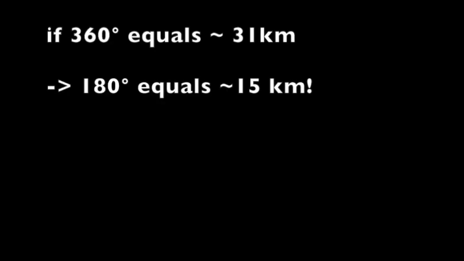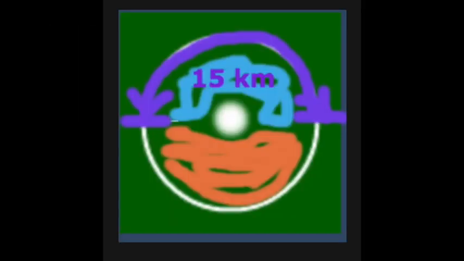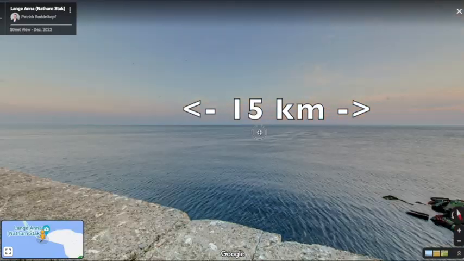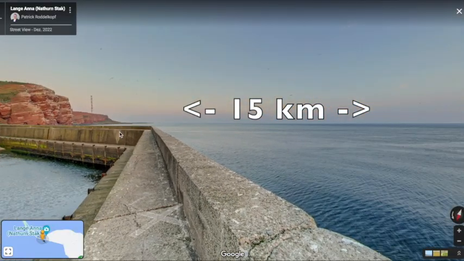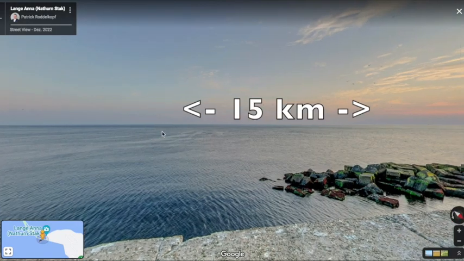Putting it into this little graphic that I made, from one side to the other, the horizon line is 15 kilometers, okay? If you have a clear view, you can turn your head from left to right, it's 180 degrees, right?